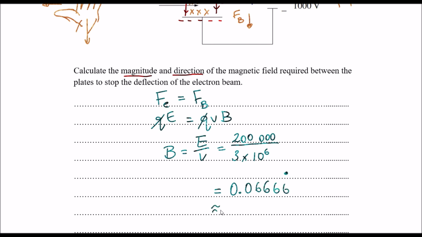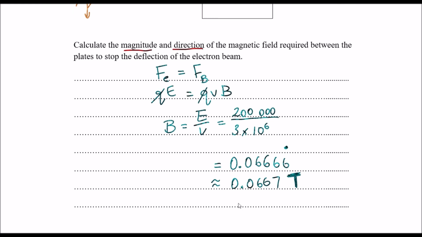So if we round it off to 3 significant figures, 0.0667 teslas, which is the unit for magnetic field strength. And since it's asking for direction, although we drew it up there, let's just make sure we write it very clear. B field going into the page.